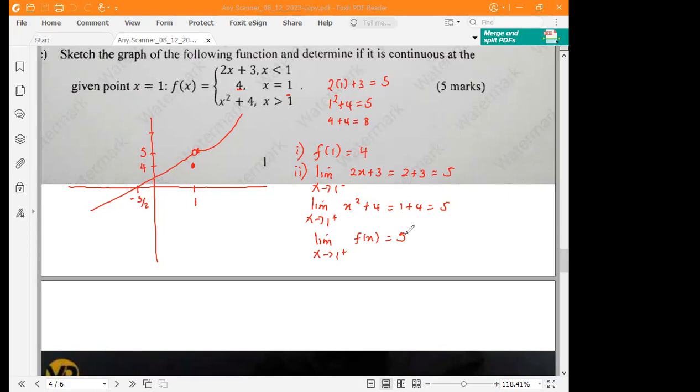But the challenge is on the comparison part, this is not equal to f of 1, since f of 1 is 4. We are having 5 not equal to 4, and so this means that f is not continuous at x is equal to 1.